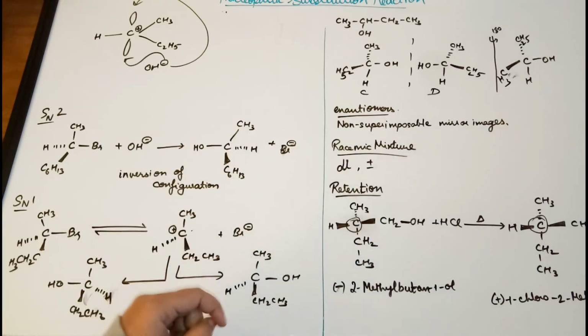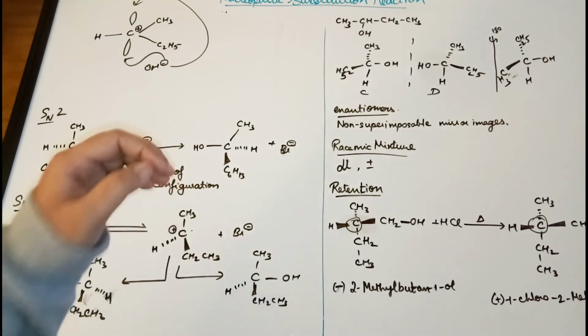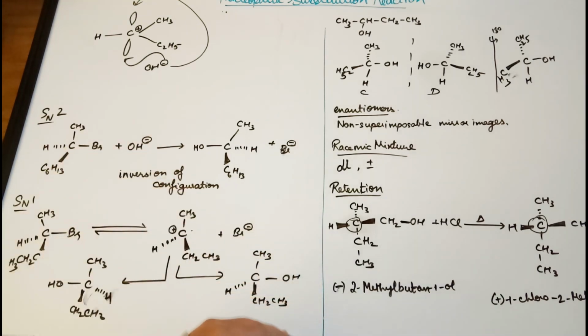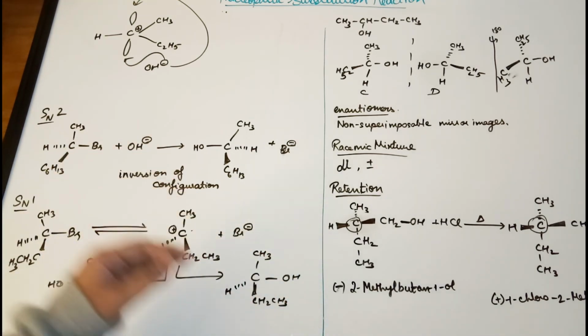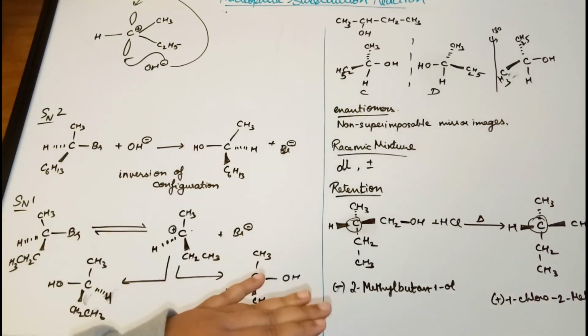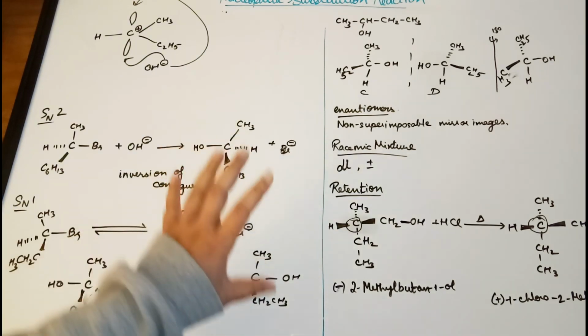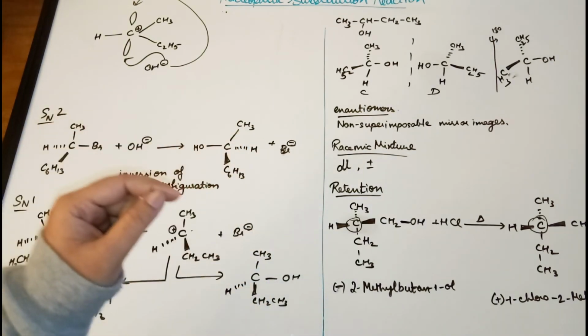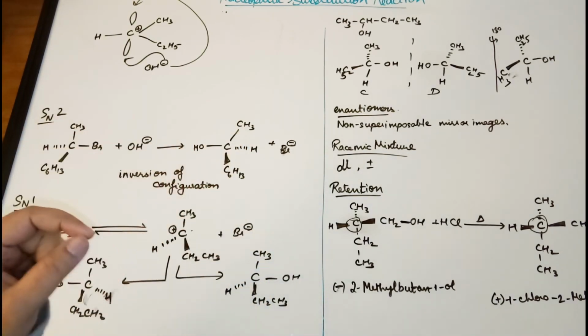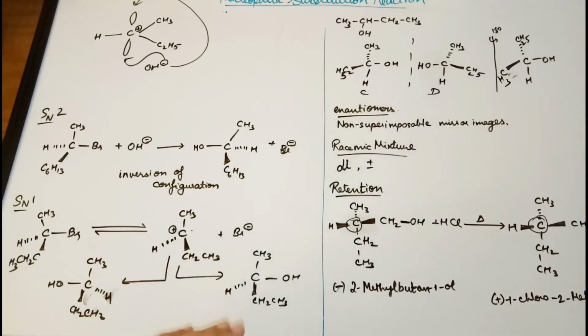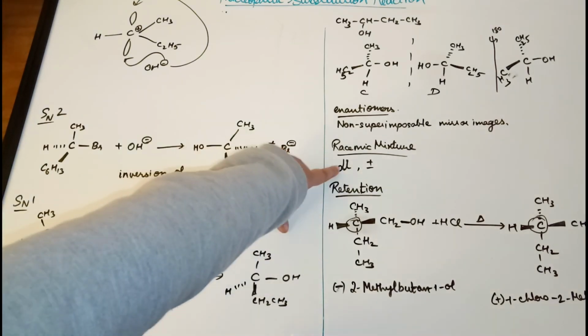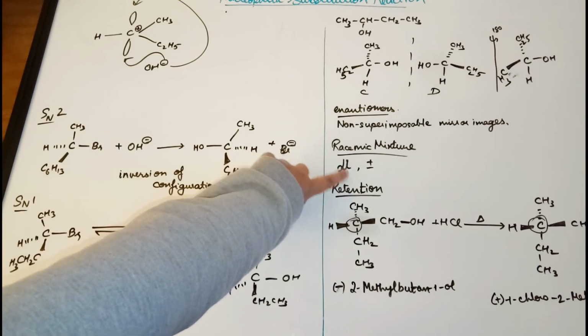A racemic mixture consists of equal amounts of the D as well as the L isomer. The D isomer will rotate the light to the right, and the L will rotate it to the left, and because of that they will cancel each other out, so the optical activity of that mixture is going to be 0, and the racemic mixture is denoted as DL or plus minus.